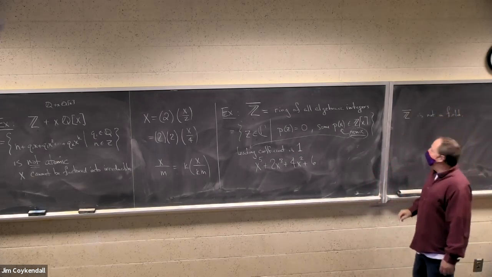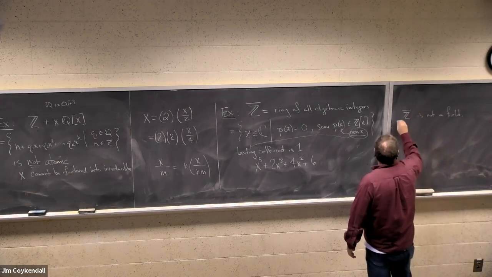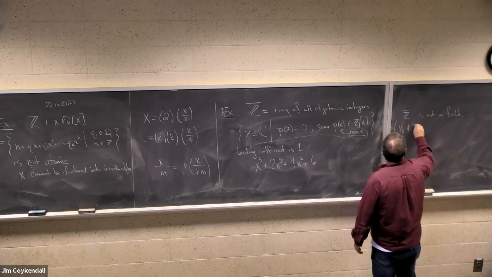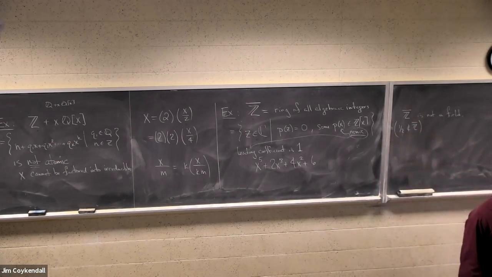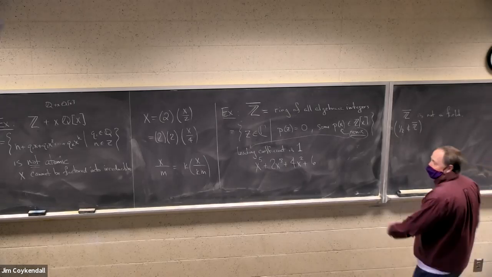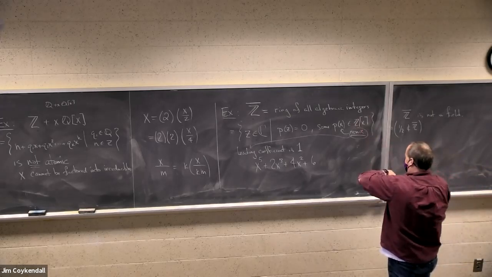For example, 1/2 is not in C bar. See if you can show that. Assume that 1/2 is the root of a monic polynomial and get a contradiction from that. Well, actually, I'll do that real quick. Why not do that first?